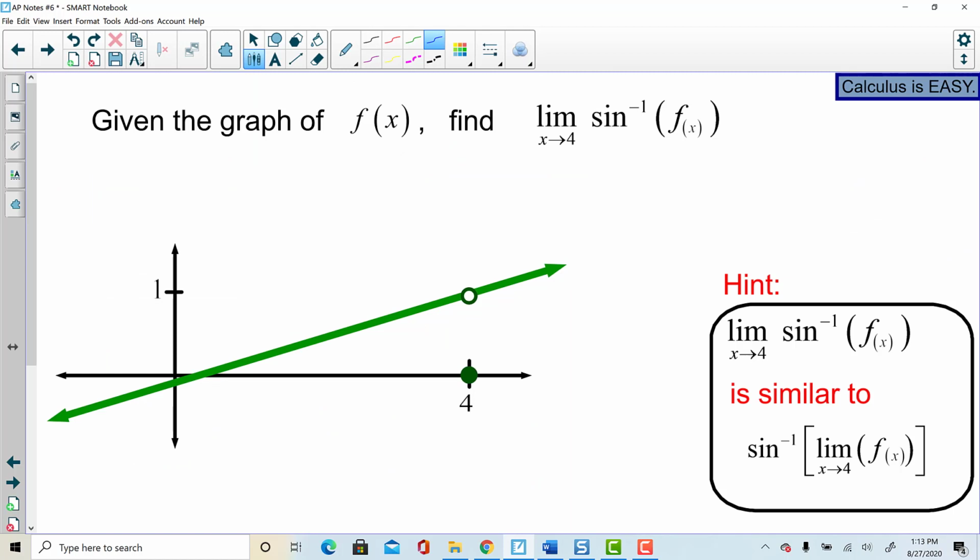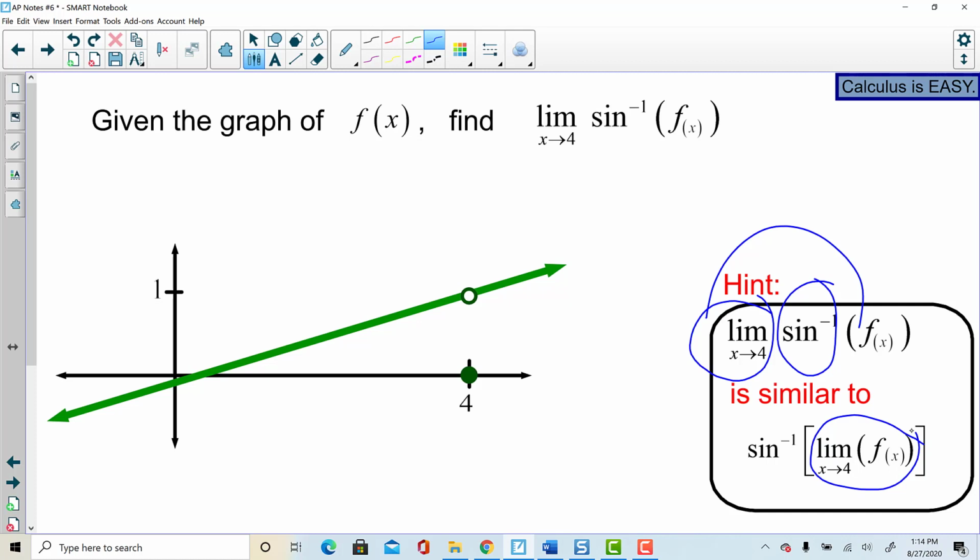This is an example of a real AP test question that you might get. Because the limit as x goes to 4 is not really affecting sine inverse, we can actually bring that limit inside. So we can evaluate the limit as x goes to 4 of f of x, then later do sine inverse of that value.